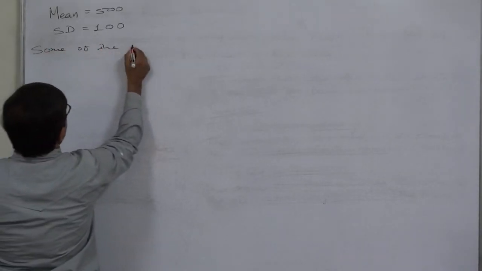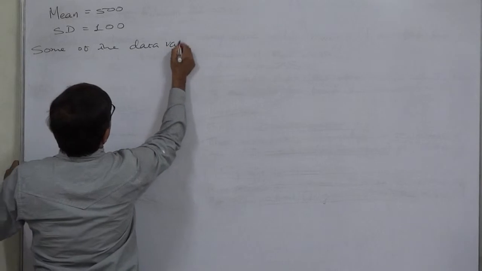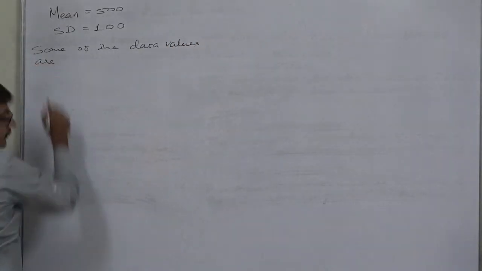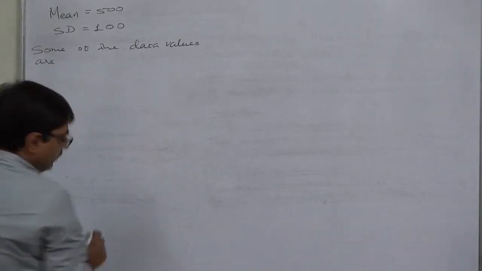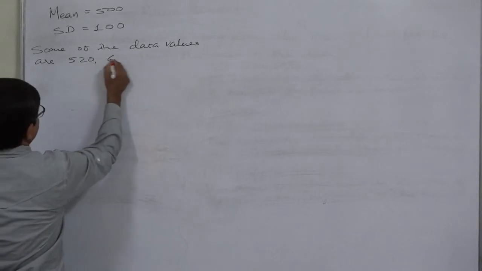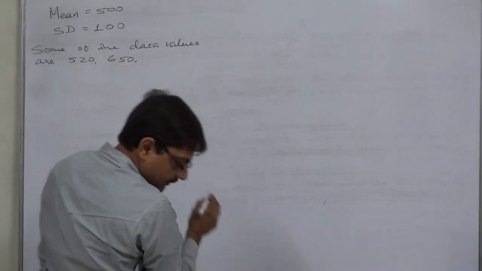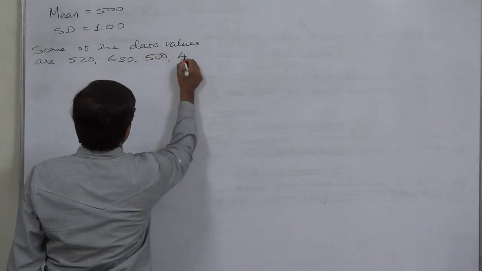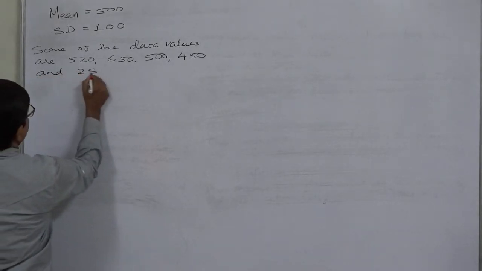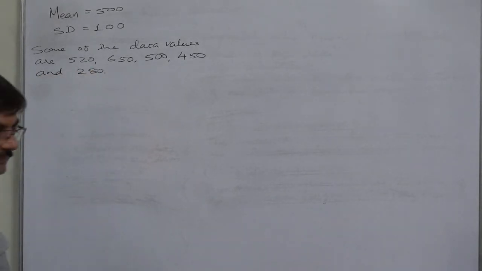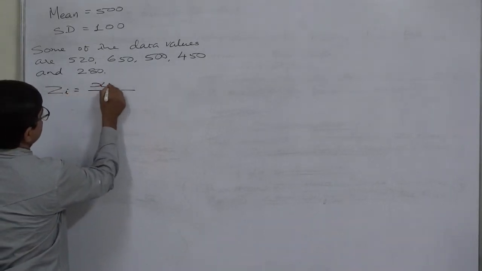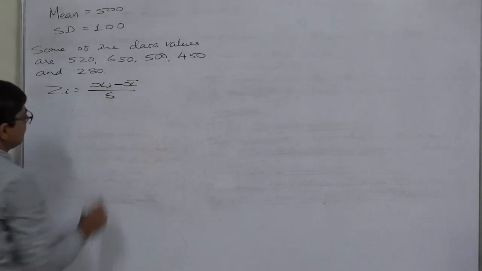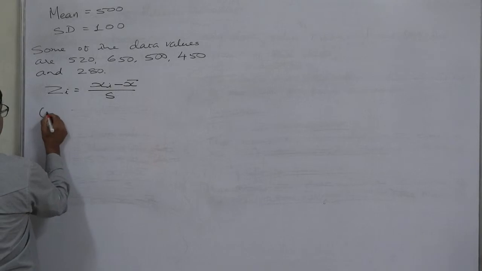Some of the data values are 520, 650, 500, 450 and 280. Now we know that the z score is the data value x minus the mean x bar, divided by the standard deviation.